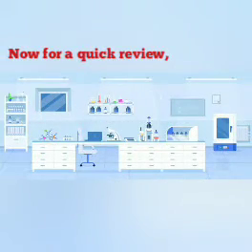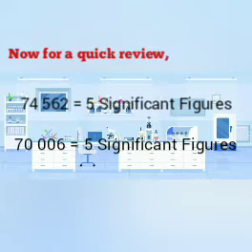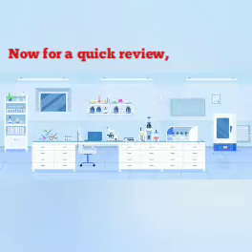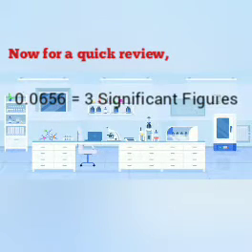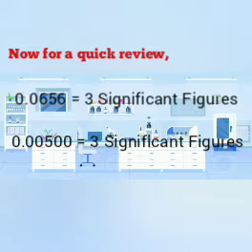Now for a quick review. 74562 has 5 significant figures, as all non-zero digits are considered significant. 70006 has 5 significant figures, as all zeros contained between non-zero digits are considered significant. 0.0656 has only 3 significant figures, as all leading zeros are not considered significant. 0.00500 has 3 significant figures, while the leading zeros are not considered significant.